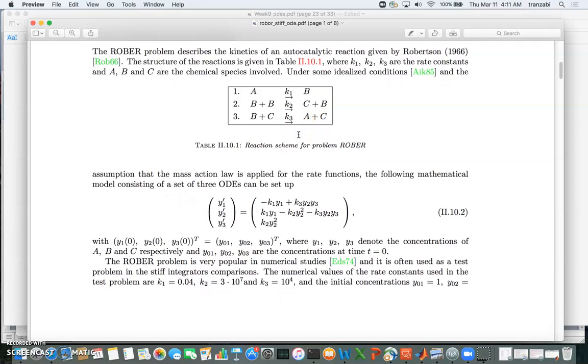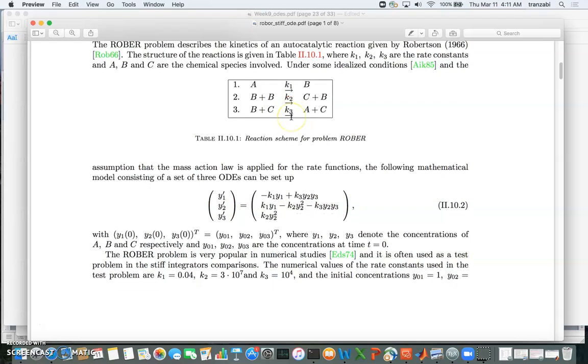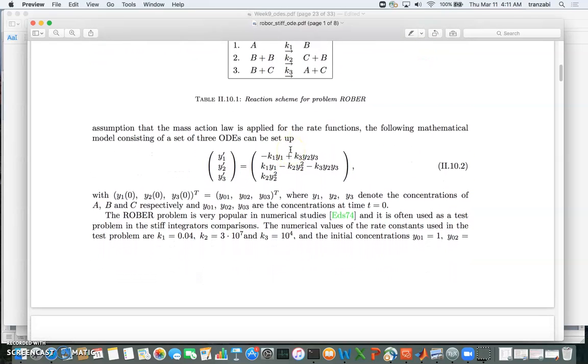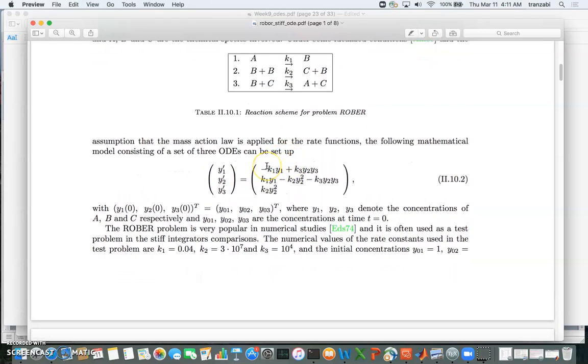We can go ahead and write the differential equations for these three reactions, a set of differential equations like this, where y1, y2, y3 are the concentrations of the three species A, B, C. And prime here means derivative with respect to time.